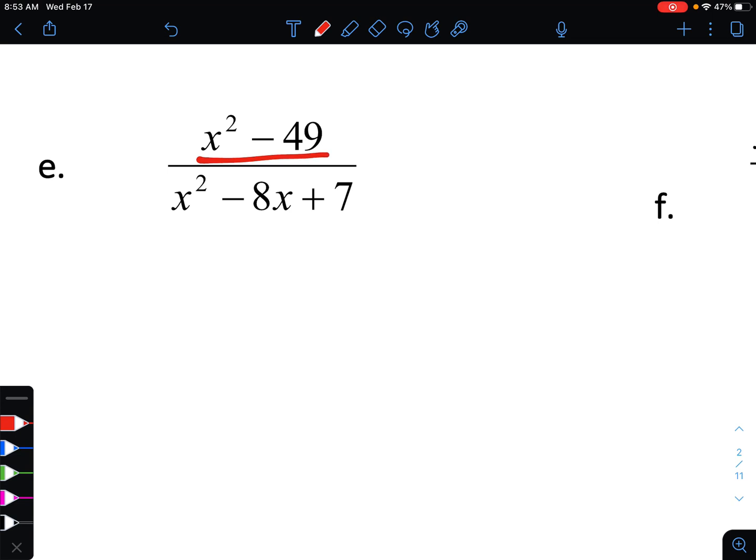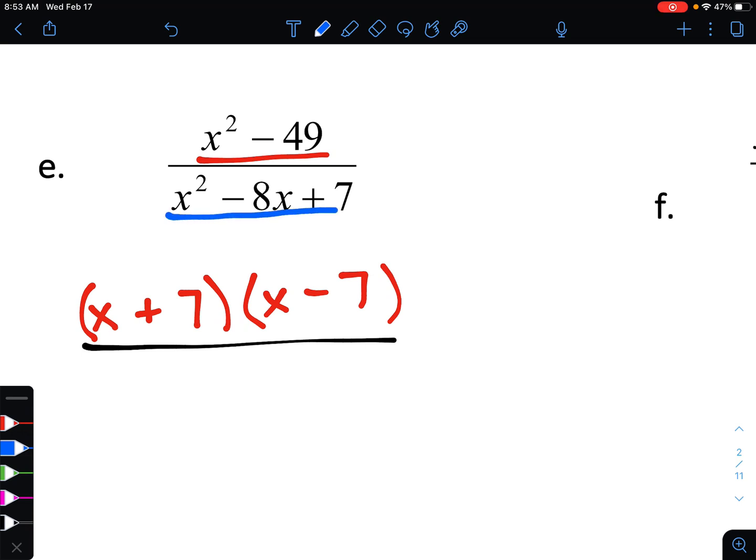It's got two terms, it's got subtraction in the middle, which tells us that we should be looking for difference of squares. And in fact, x squared and 49 are perfect squares. If we were to factor that then, x squared would be x multiplied by x, 49 would be 7 multiplied by itself, and we just need to make sure that one is plus and one is minus.